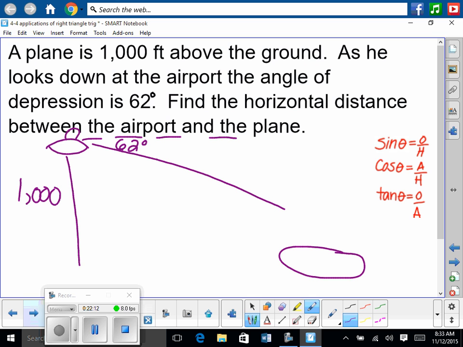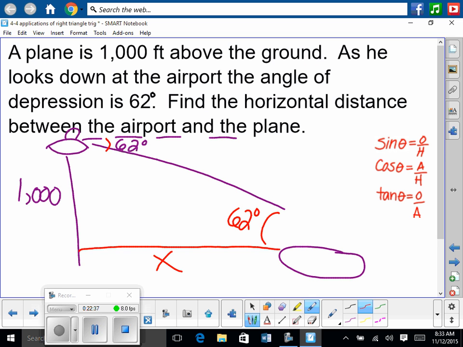Most missed problem on the test. Find the horizontal distance between the airport and the plane. So the horizontal distance would be from here to here. What's this distance? So let's set up a trig ratio. We can't just simply use 62 degrees up here. It's not in our right triangle. But didn't we talk about how this angle and this angle are the same? So if this is 62 degrees, this is 62 degrees, right?